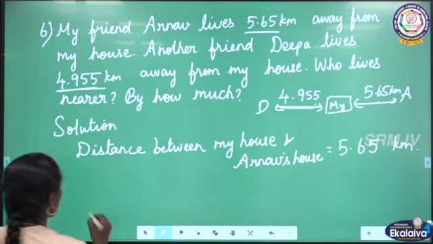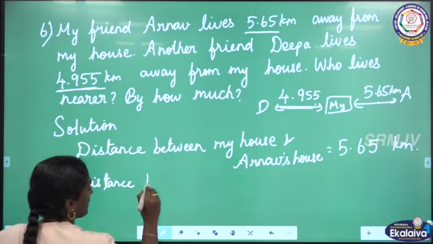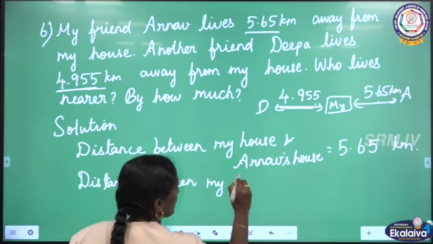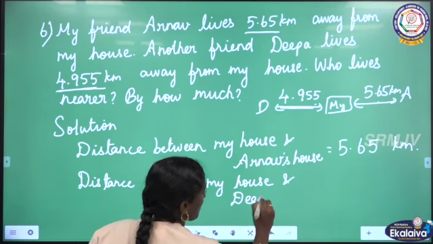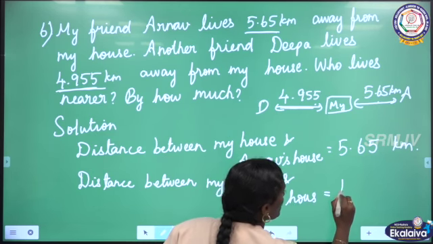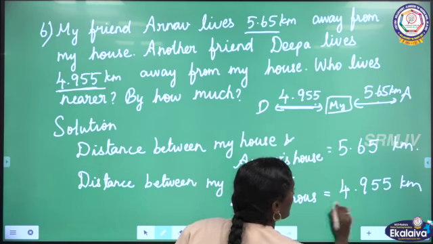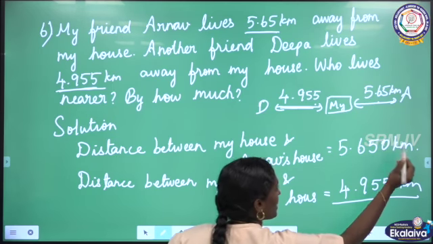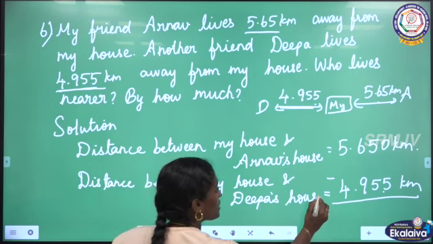Then distance between my house and Deepa's house, that is 4.955 km. Now in the second number we are having 3 decimal places. So at last I am adding 1 0. Now we are going to find out the difference between these two distances.